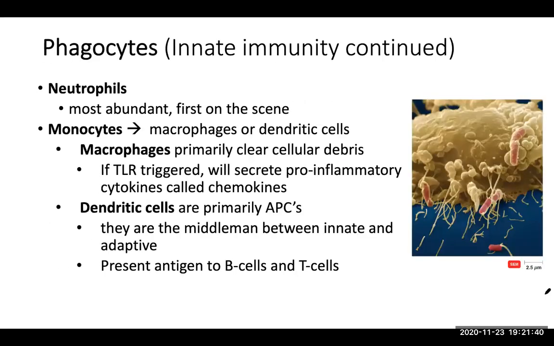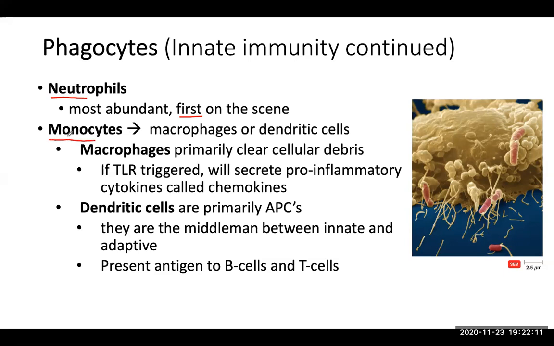Okay. Now, we also have phagocytes that search for and remove pathogens. As I mentioned before, neutrophils are the most abundant, and they're typically first on scene because they're most abundant. Once they encounter a pathogen, they release some cytokines that will recruit more white blood cells to the scene, including monocytes.